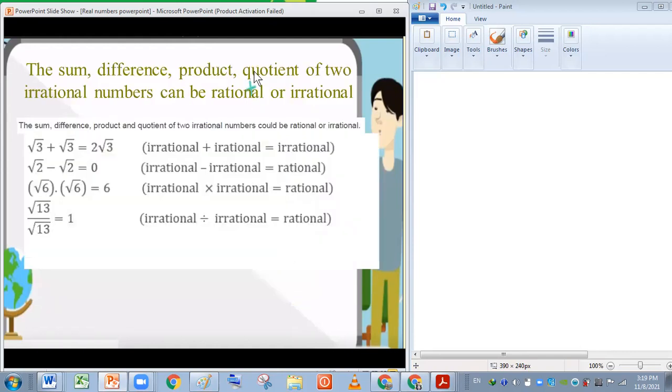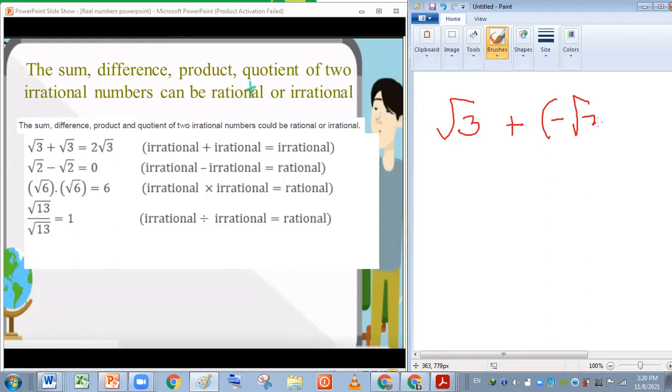So the sum, difference, product and quotient of two irrational numbers can be irrational or rational. There are a lot of ways. For example, the square root of 3 plus the square root of 3 is still an irrational number. But how about when we have the root of 3 plus, I can write it this way, negative root of 3?